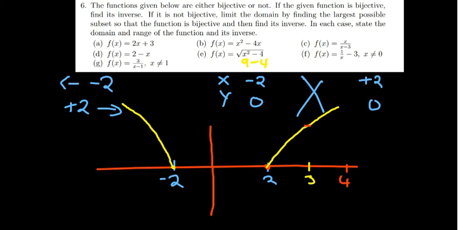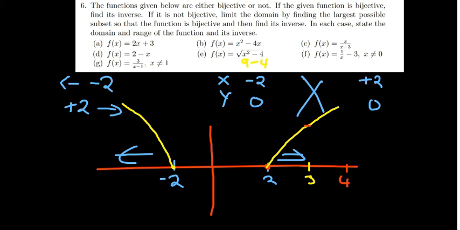Now, if you draw a horizontal line, you find that it will cut the graph twice, right? It's possible to cut it twice. So that is not a one-to-one function, making this function not bijective. So we can restrict it. We can restrict our domain. So it's either we get this side or we get the other side. So we'll just get the positive side.